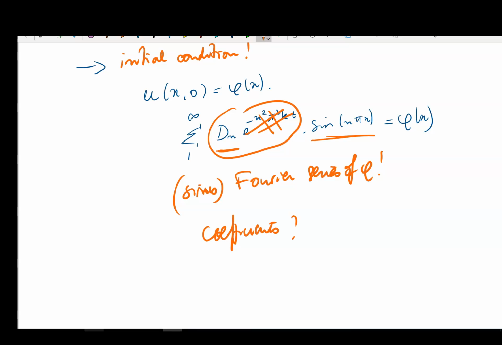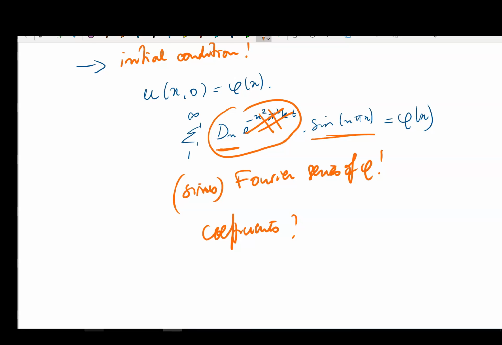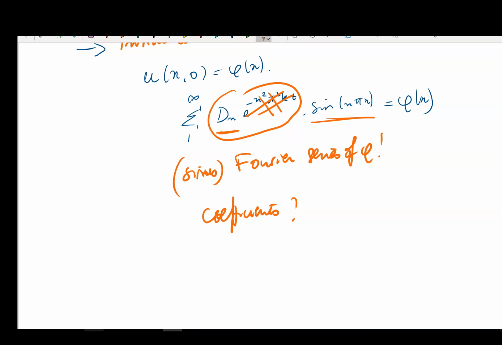Well, you know that the coefficients of the sine Fourier series of phi will be given by 1 over... Okay, we say we are doing sine, so we're doing an odd extension. So I've got my phi function, which does something on 0, 1.